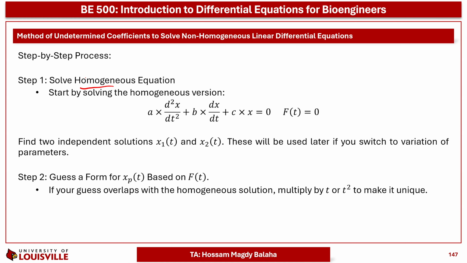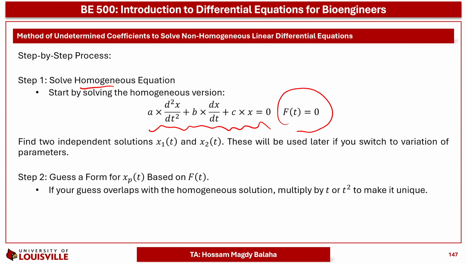In step 1, as noted, solve the homogeneous equation, simply set f of t equals 0, and by finding this, we can find the independent solutions based on the characteristic equation and the discriminant, as we illustrated in the previous lecture. If it's case 1, case 2, or case 3, you can write the corresponding solution for that homogeneous equation.